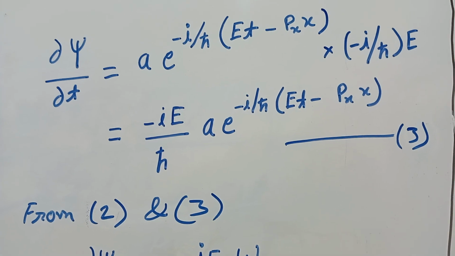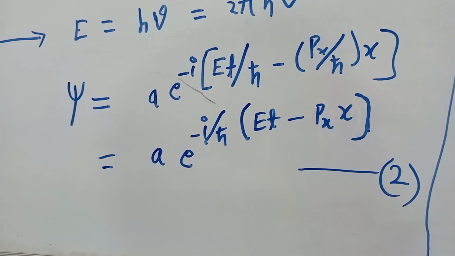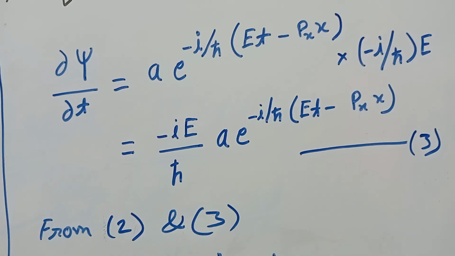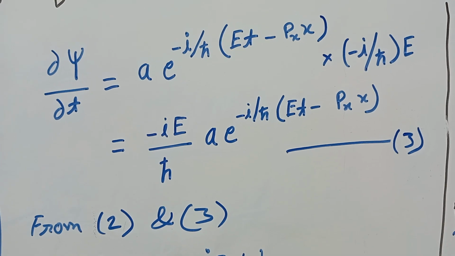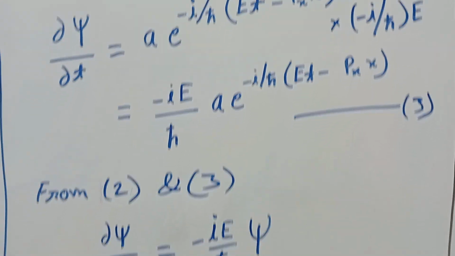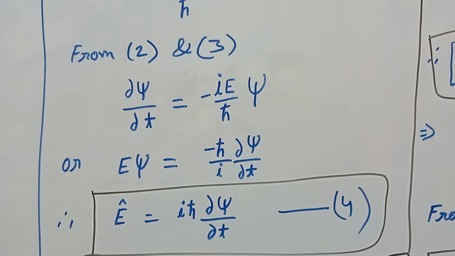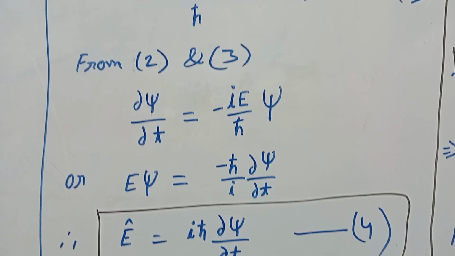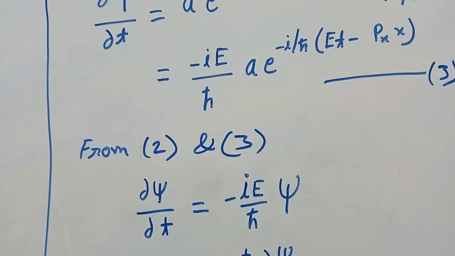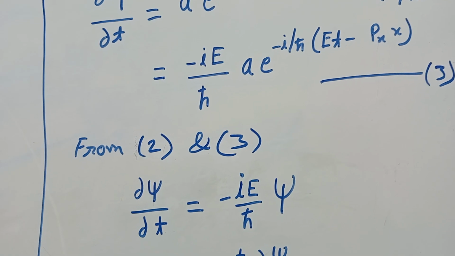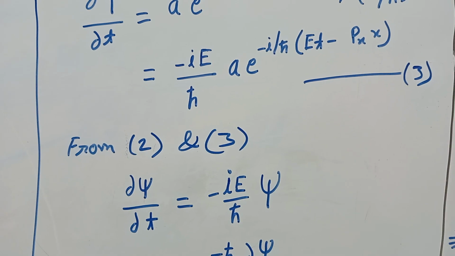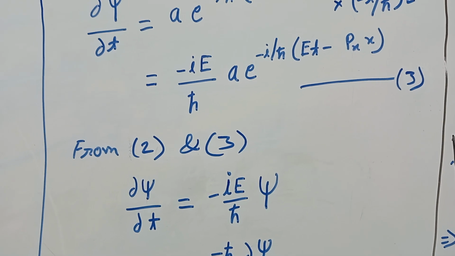Therefore, from equation number 2 and 3, we get del psi by del t equal to minus i E upon h cut into psi.